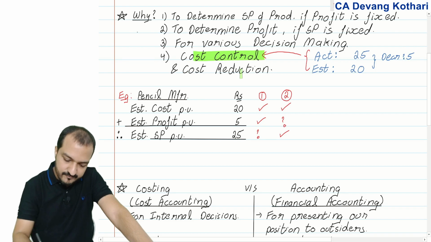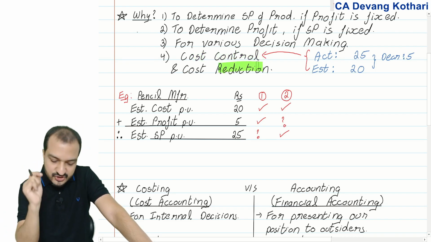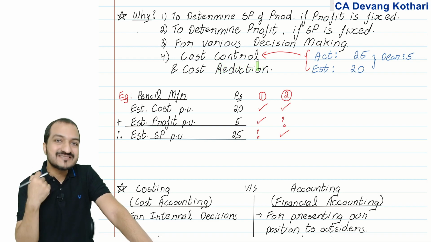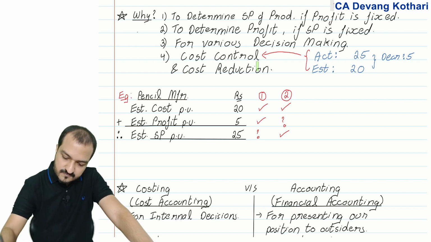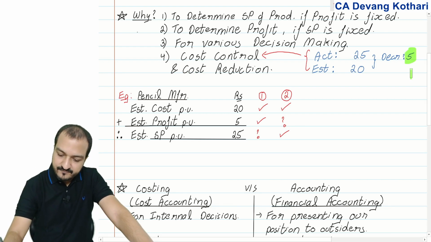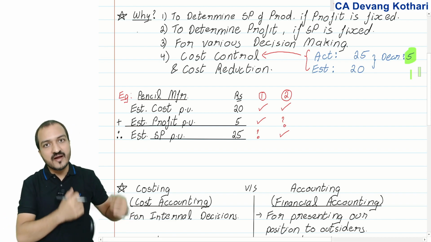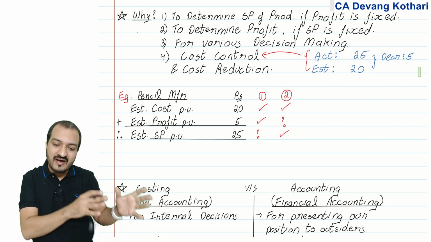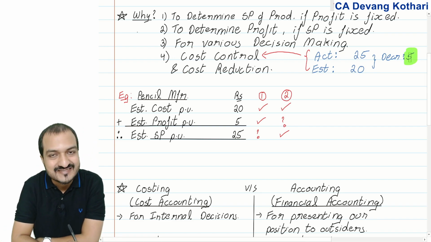Cost reduction is one step further. Cost reduction means what? Now imagine next year, what if you have planned better? You have identified your mistakes and thought about how you will prevent that 5 rupees extra cost next year.